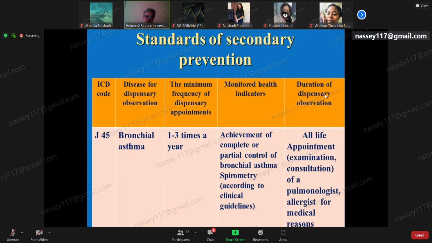And also all life we will observe them with examination and consultation by pulmonologists and sometimes by allergologists for medical reasons.